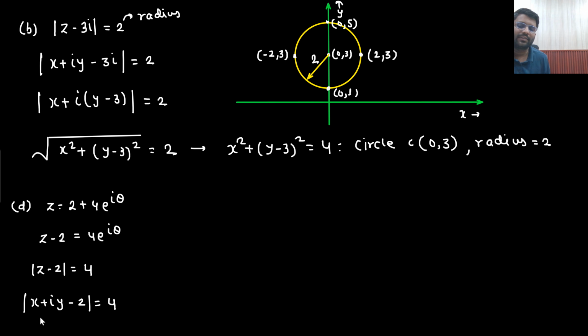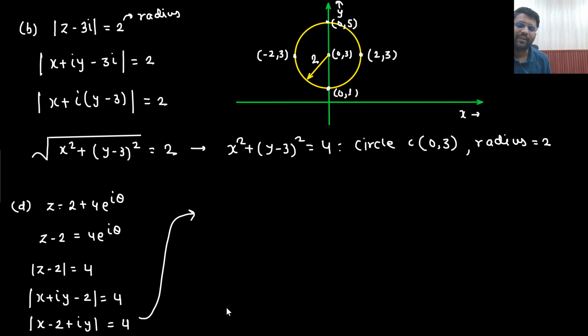So magnitude of x plus iota y minus 2 would be equal to 4. So I can write this as x minus 2 plus iota y would be equal to 4. Now this is a plus iota b equal to 4. So from here, what you will be getting? a square plus b square would be equal to 4 square.